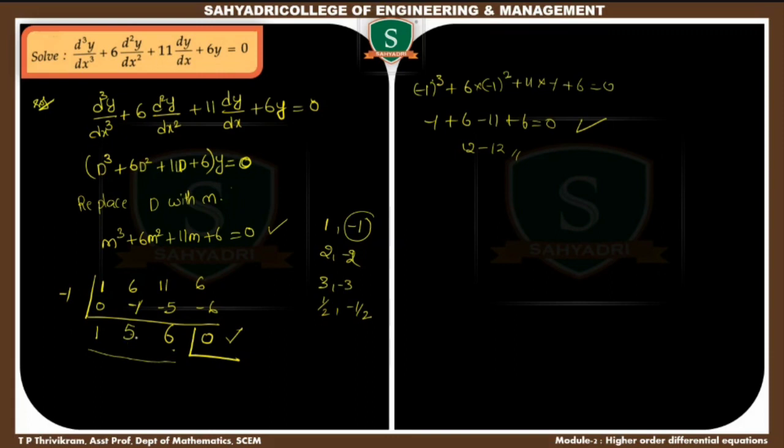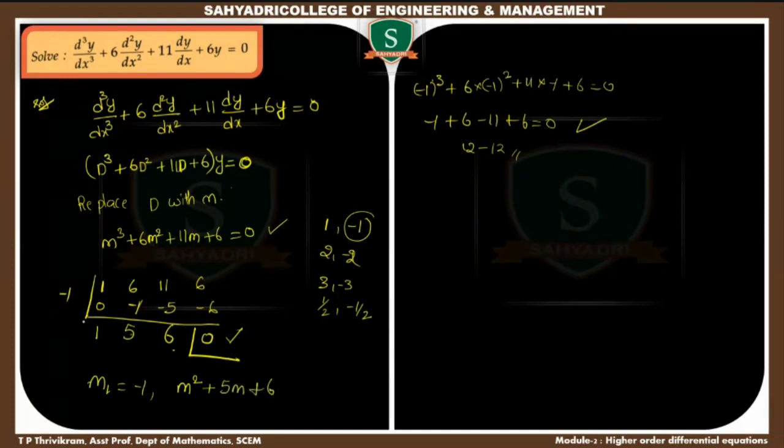If there are 3 coefficients, it's a quadratic equation. So my roots are m1 equal to minus 1, and m2, m3 we'll get from this equation: m square plus 5m plus 6.